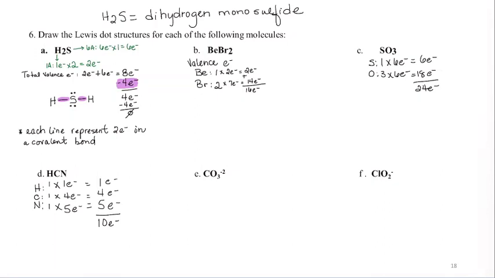CO3 2 negative. Okay, so we focus on these negatively charged polyatomic ions. In the case of CO3 2 negative, we have carbon, we have oxygen. 1 carbon, 3 oxygens. Carbon contributes 4 electrons. Oxygen contributes 6 electrons. So we have 4 electrons from carbon. We have 18 electrons from oxygen.